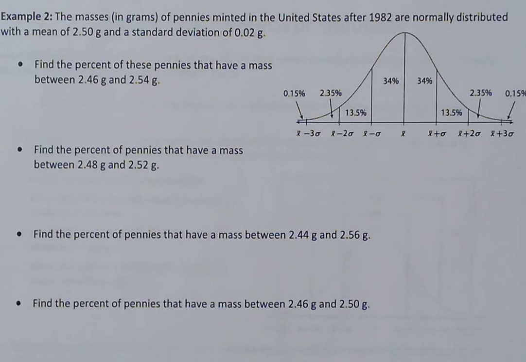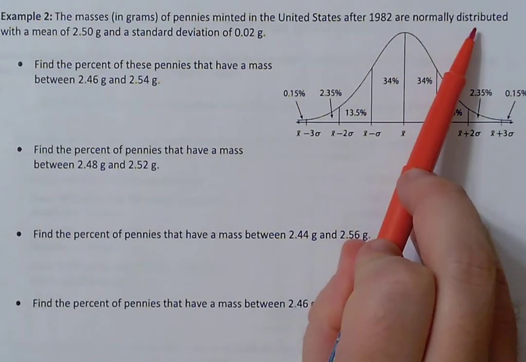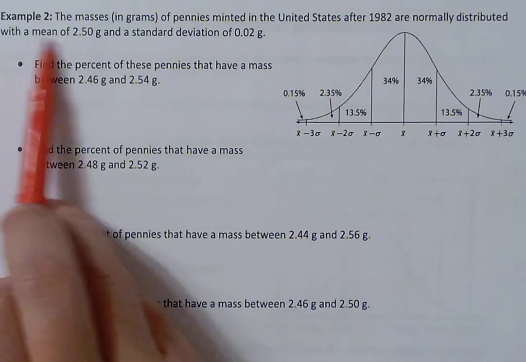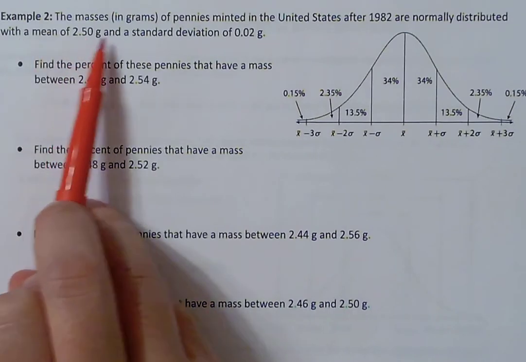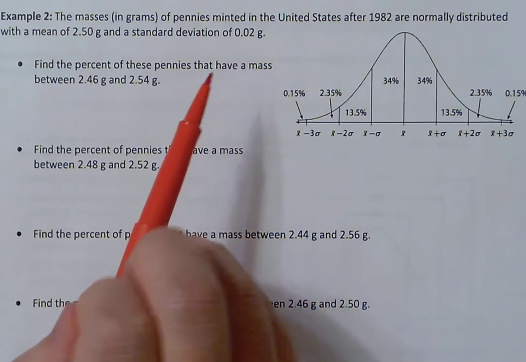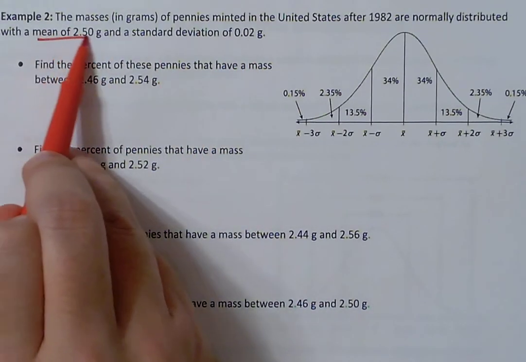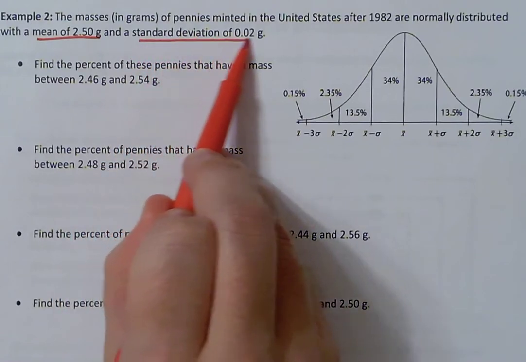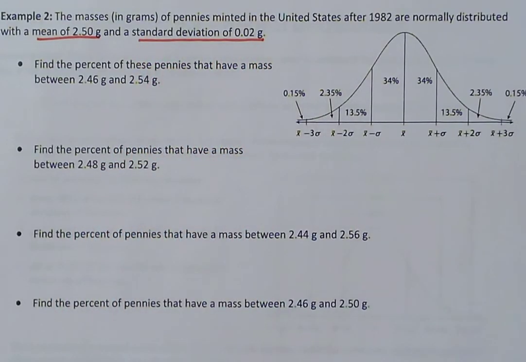So, with that said, for example 2, it talks about the mass in grams of pennies minted in the United States after 1982 are normally distributed with a mean of 2.5 grams and a standard deviation of 0.02 grams. So we're going to take our mean, and we're going to take our standard deviation, and we're going to set up our normal distribution curves.